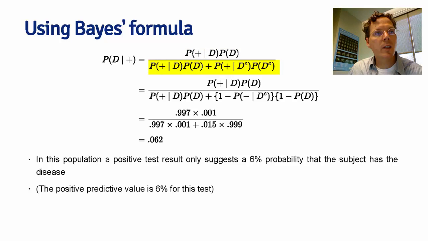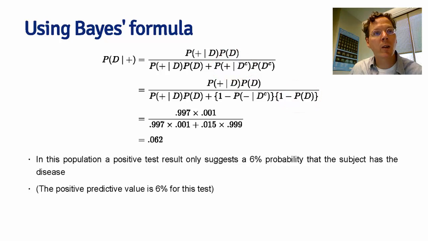And again, it's not immediately clear where the numbers from the problem are coming from here, but let's just note that the probability of a positive test result given that the person does not have the disease is 1 minus the probability of a negative test result given that the person does not have the disease, or that's 1 minus the specificity. And the probability of disease complement is 1 minus the probability of disease.